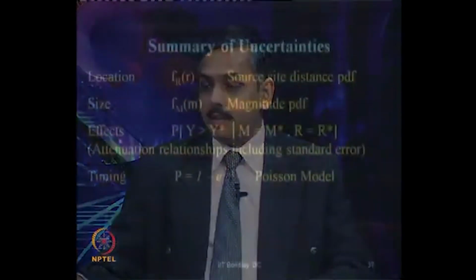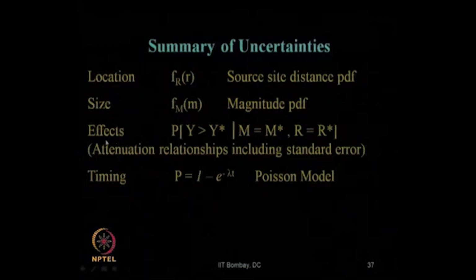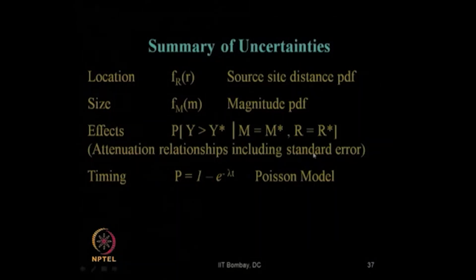The third uncertainty is the effect. What is the effect? It is nothing but the attenuation relationship, which includes the standard error involved in the attenuation relationship. Why is that standard error coming into the picture? As we discussed in one of the previous modules, each attenuation relationship has some amount of standard error when established in terms of empirical relations.